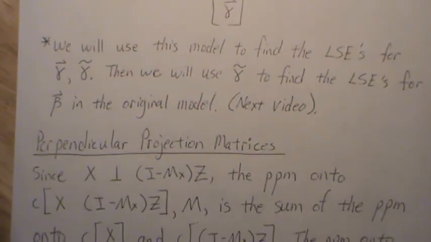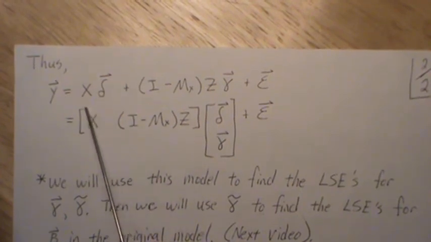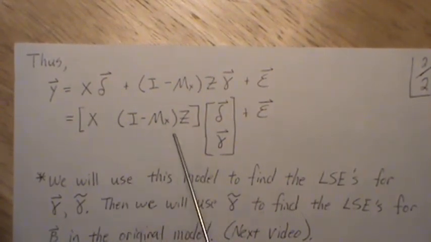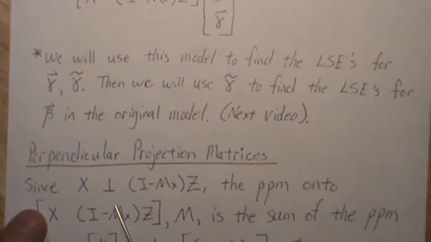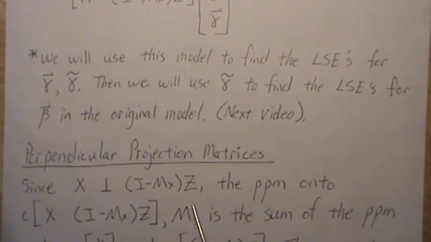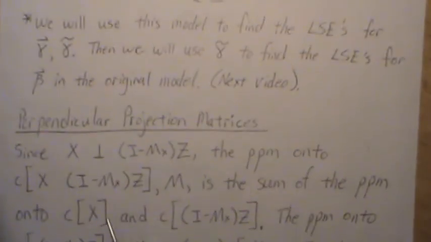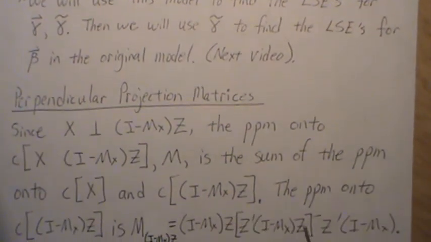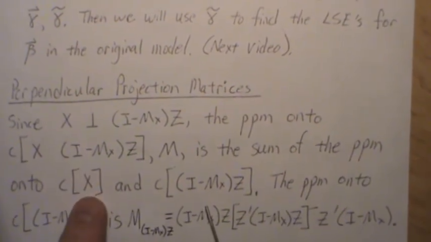Now, perpendicular projection matrices onto this column space. We would love to know the format of the perpendicular projection matrix onto this column space. But note that X and I minus MXZ are orthogonal. That means the perpendicular projection matrix onto that column space, let's call it M, is the sum of the perpendicular projection matrices onto these individual column spaces.